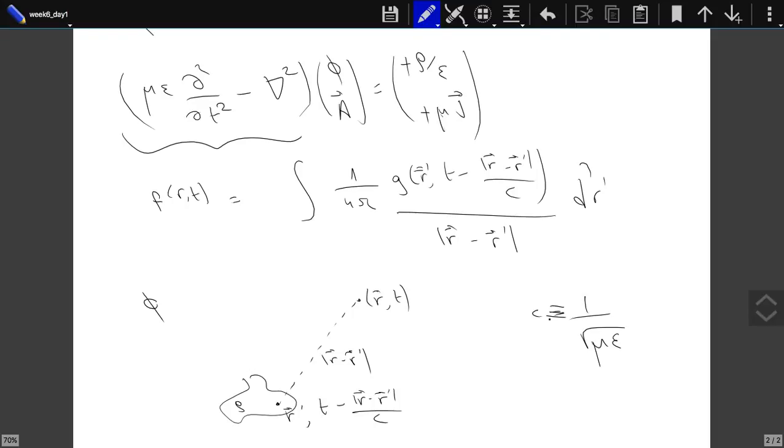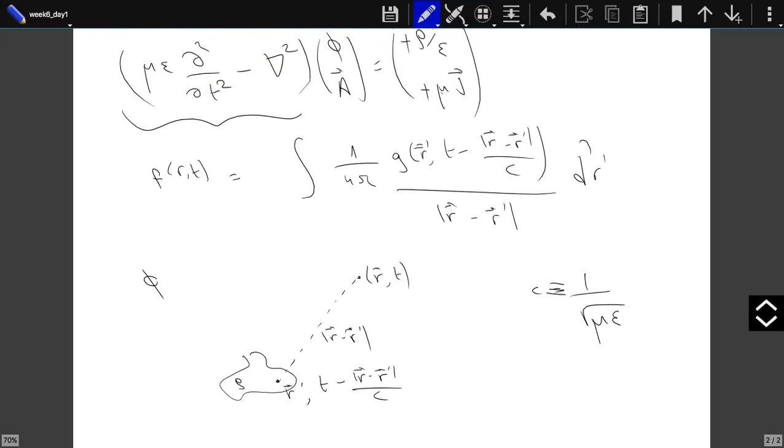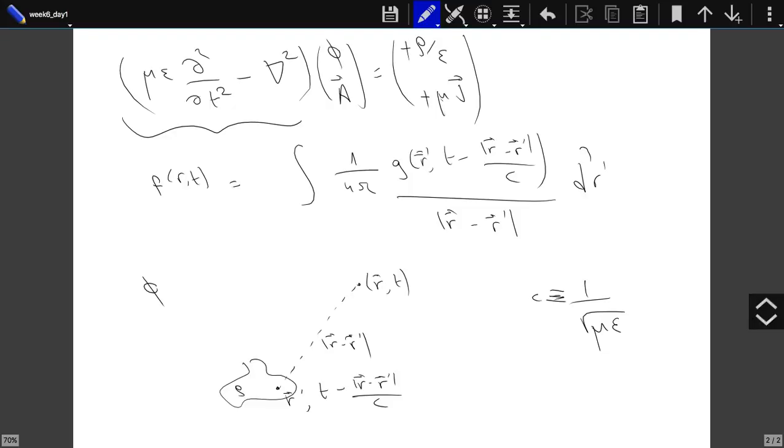So it's not a surprise that the fact that information travels at most at the speed of light is embedded in here. It's already there. Now, if that assumption is wrong, then this expression is not a solution of my differential equation, and I will need to look for some other differential equation.